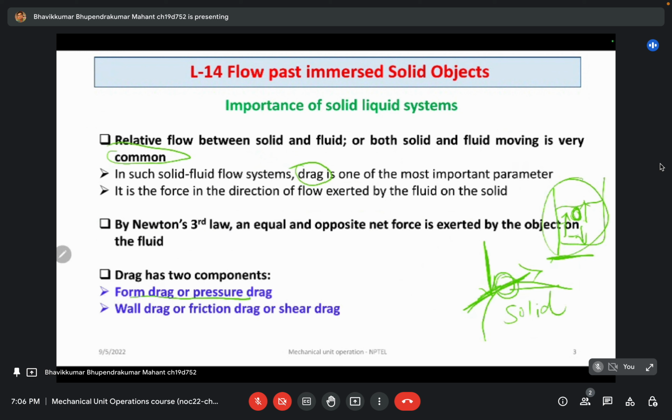So that's why there is form drag or pressure drag, as well as the other component, the wall drag, friction drag or shear drag. We have many names for the components according to the action of the force. You can consider any of them.